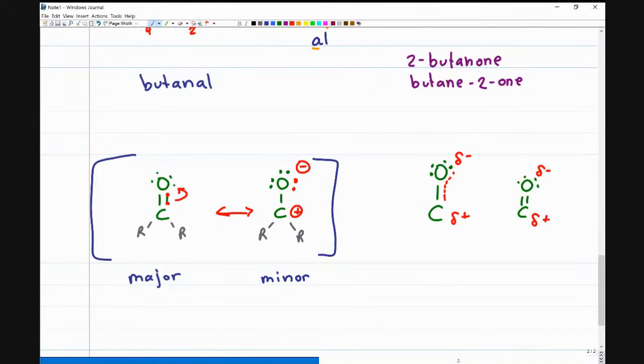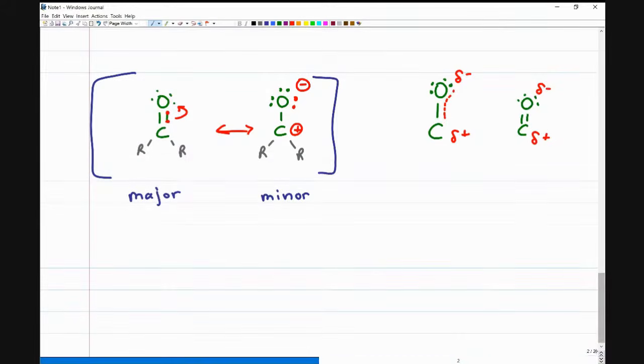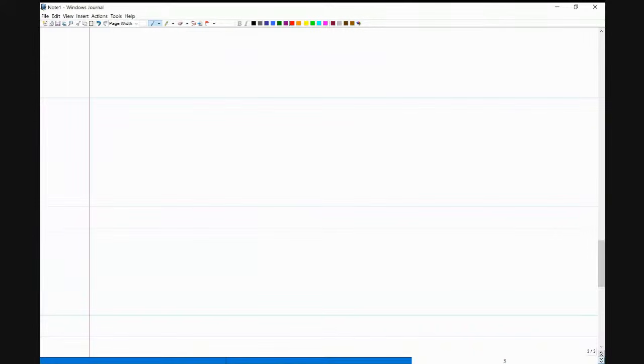So with this in mind, let's take a look at the basic, no pun intended, attack that we're going to see. In the initial chapter on aldehydes and ketones, a lot of the reactions will be a direct nucleophilic attack. And the more advanced reactions, which we can cover in another session, are when you have an attack on the nearby carbon.